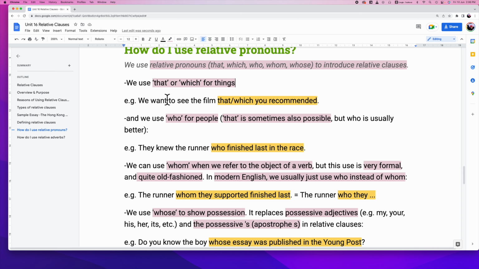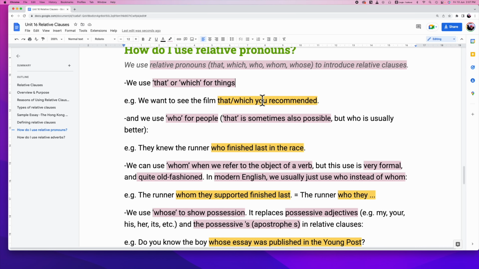Example: we want to see the film which you recommend or that you recommend. There is a difference between using that and which. For the word which, we have only one of this item, and we mention this particular item, then we use the word which. However, if we have a bunch of items and the one we just mentioned is just one of them, then we use the word that.